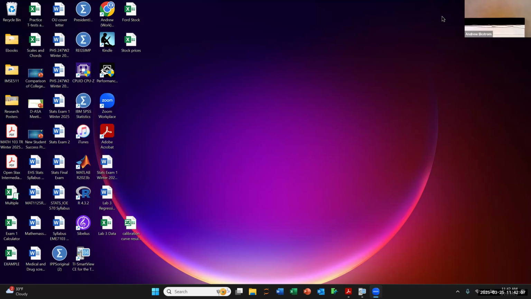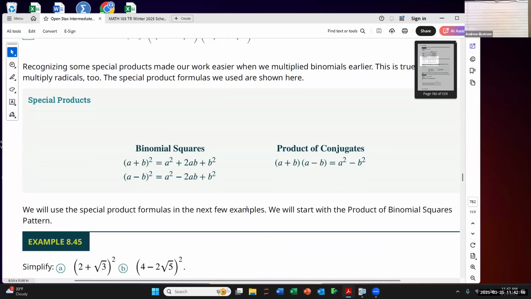One of the reasons why I mentioned FOIL is when you look at the next section that's in here. So again, these are special terms, special products. If you know what these are going to be because you memorized these special forms, awesome, use it.